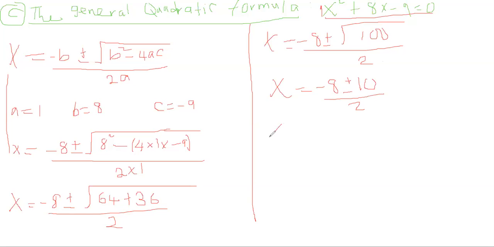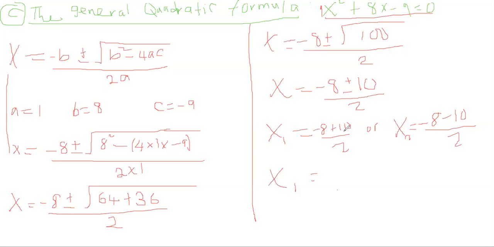So x1 equals minus 8 plus 10 over 2, or x2 equals minus 8 minus 10 all over 2.